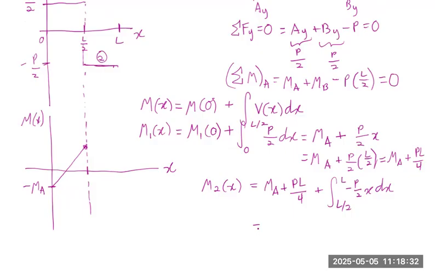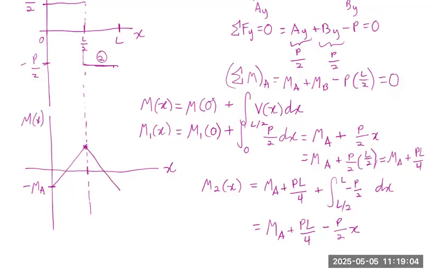So it's basically equal to MA plus PL over 4 minus P over 2, oops, not x, just simply negative P over 2, so negative P over 2 x. So we notice that it's a negative slope. So here we have our same value here, and then we just have the same negative slope down.